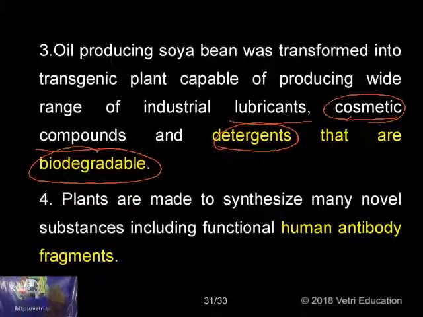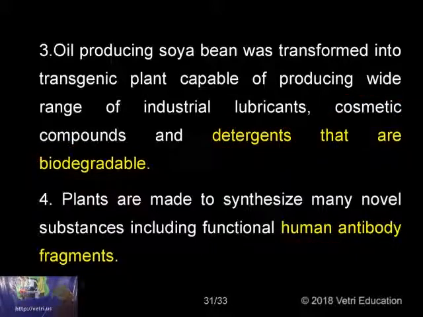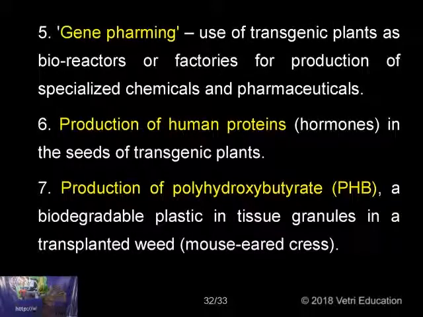Plants are made to synthesize many novel substances, including functional human antibody fragments. Gene farming is another very important area: use of transgenic plants as bioreactors or factories for production of specialized chemicals and pharmaceuticals. Then production of human proteins in the form of hormones.